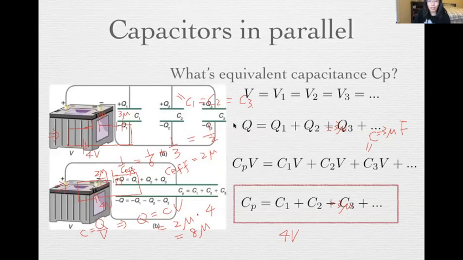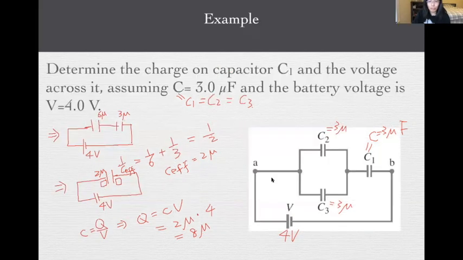So based on that idea, if we come back to this problem, the charge here is 8 microcoulomb on this effective capacitor. I'm going to share the same charge here, 8 microcoulomb.